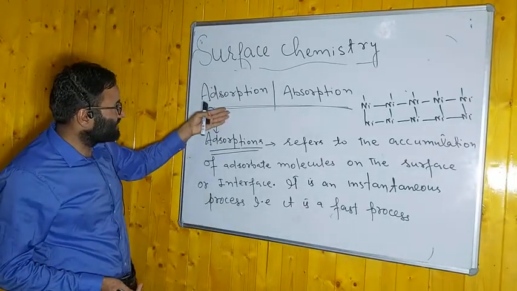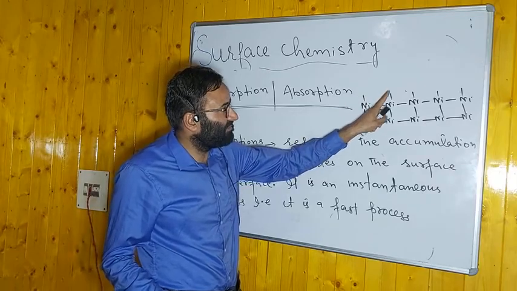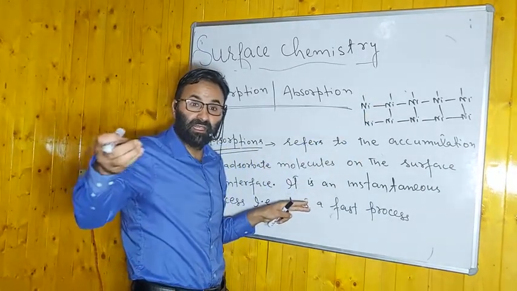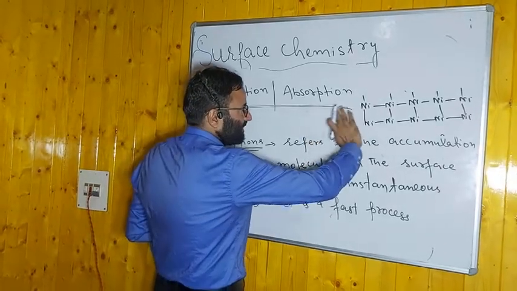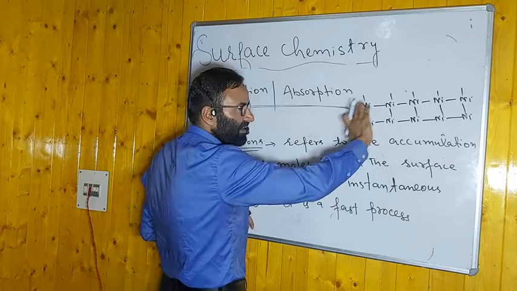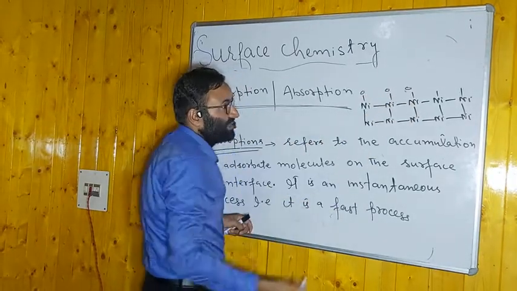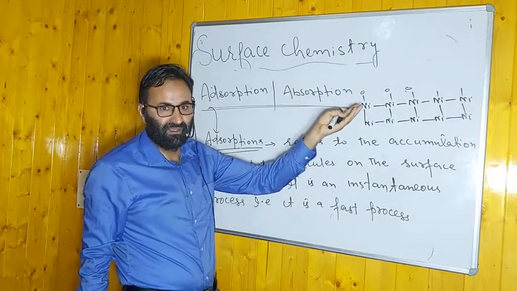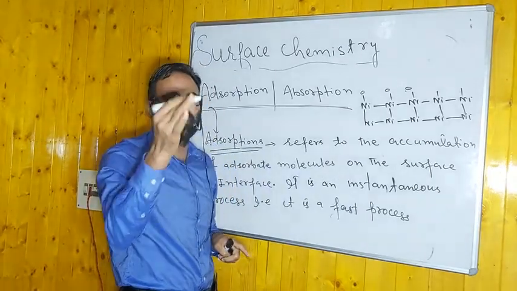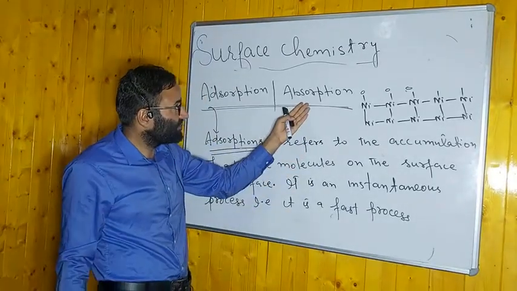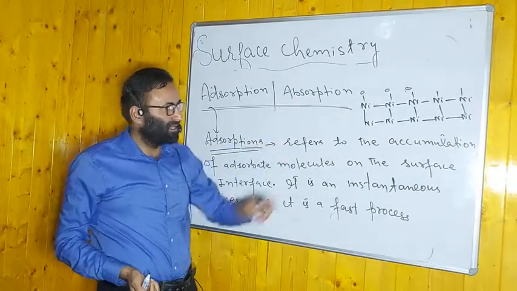What happens in case of adsorption? Initially all the sites, all the valencies, are free and unsatisfied. It means that initially the rate will be high. But with the passage of time, when the valencies get satisfied, the rate gets decreased. But absorption occurs at a uniform rate. The rate is constant.